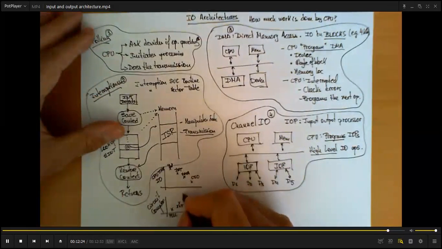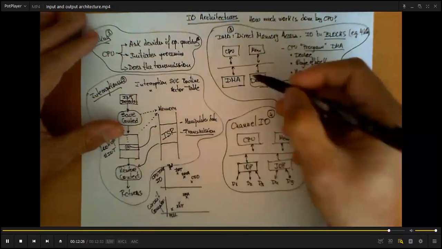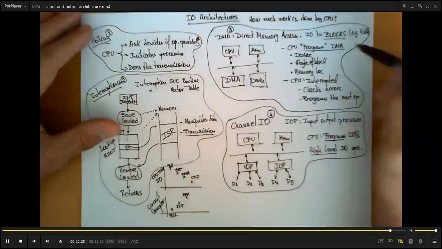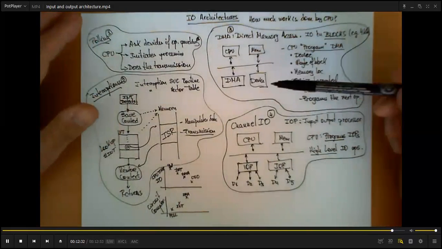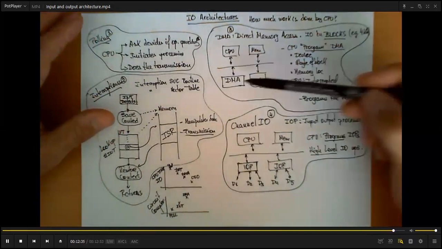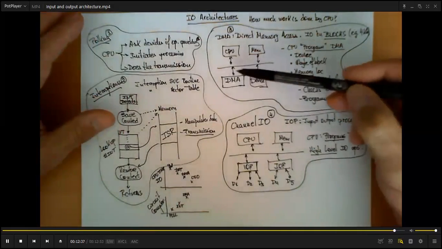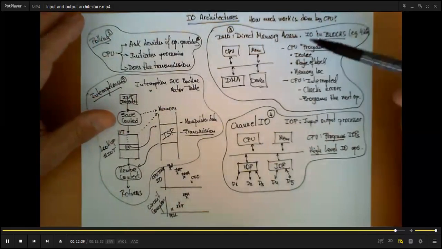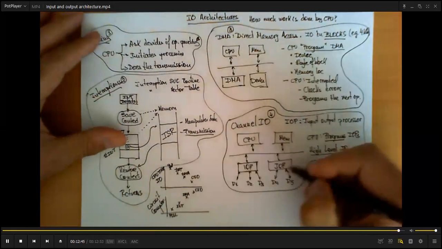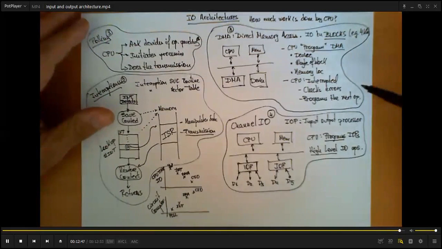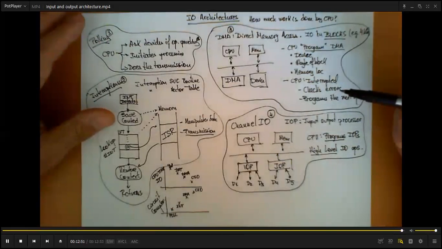Option number 3, DMA, is more complex because now we have a specific circuit which is capable of executing some basic operation, mainly a loop, but is still fairly much more complicated, and therefore the number of transistors or gates required to implement the circuit is much larger. And of course, up here would be the channel input-output because these IOPs we have here are much more complex circuits than the DMA and require therefore a large number of gates.